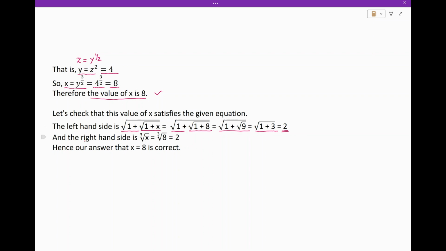And the right hand side of the equation given in the question is cube root of x. Since our answer for x is 8, cube root of 8 is equal to 2. So, the left hand side of the equation in the question is 2, and the right hand side of the equation is 2. Therefore, the value of x that we have obtained, that is x is equal to 8, is correct.